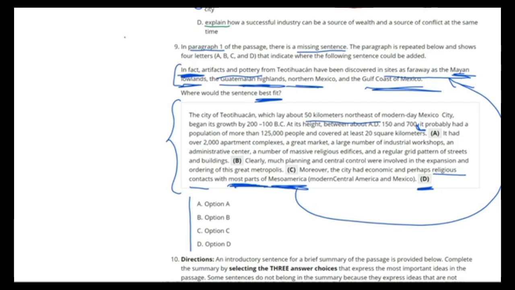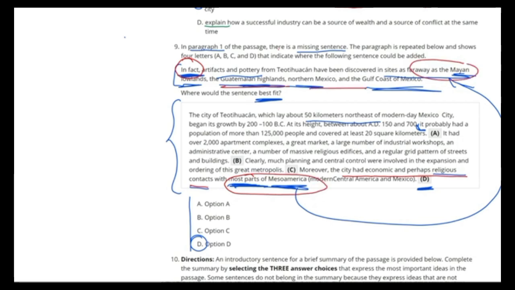So as you can see here, guys, the sentence fits. The correct answer is D, because I told you before that in fact is strengthening something, and it strengthens the idea that the city had contacts with most parts of Mesoamerica, because those parts are mentioned here.